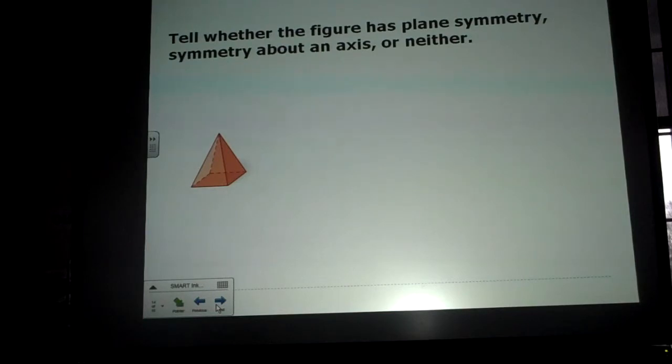Tell whether the figure has plane symmetry, symmetry about an axis, or neither.